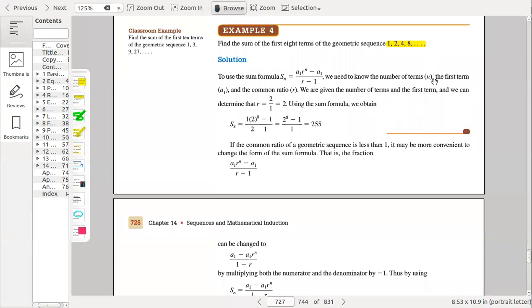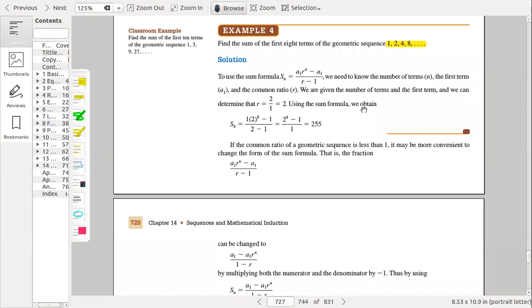So first we will find the 8th term of the sequence. For this you can find the common ratio. What is the common ratio? If you divide 2 by 1, the common ratio is 2. If you divide 4 by 2, the common ratio is 2. 8 by 4, the common ratio is 2.